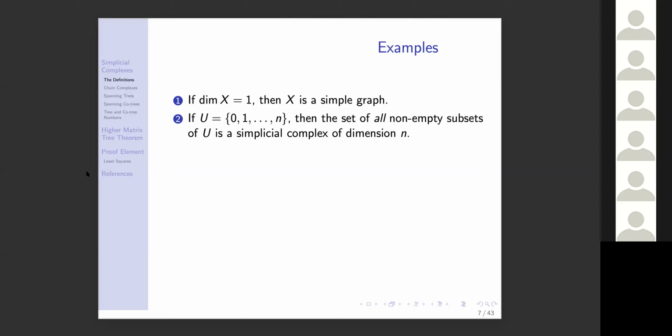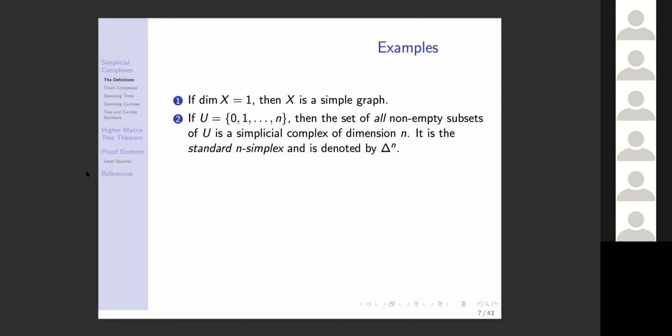This is the complete simplicial complex on U. And there are no simplices of dimension n+1 or higher, because there are no subsets of cardinality n+2 or more. Okay, so great.